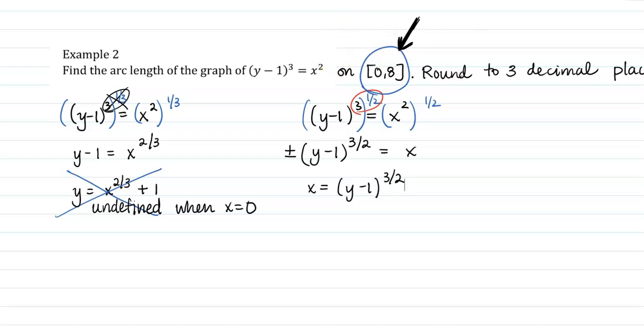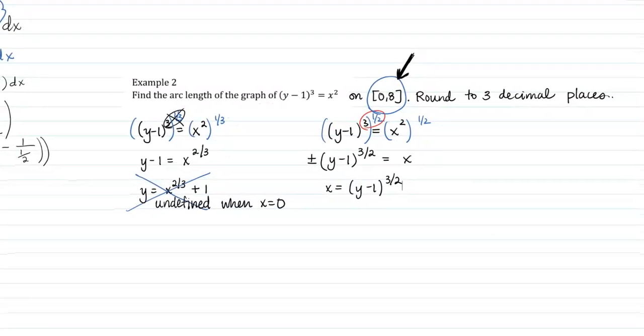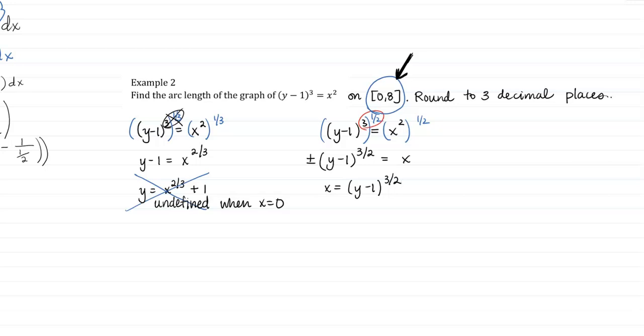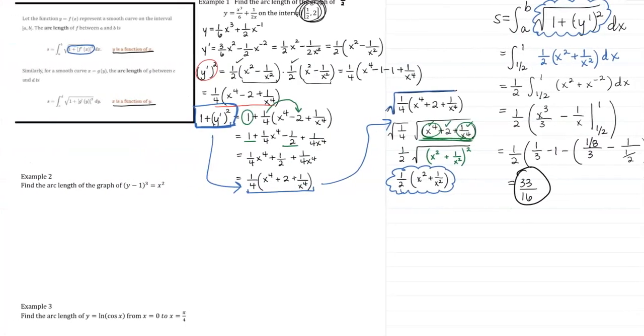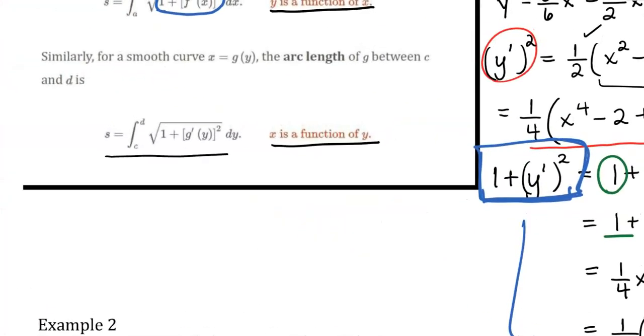So now that we have our equation solved for x, now we will go in and we will take the derivative. So we have the function, we have x as a function of y. We solved for x, y is showing up in our function. So now we are looking at this version here. So like that right there is like our x prime.